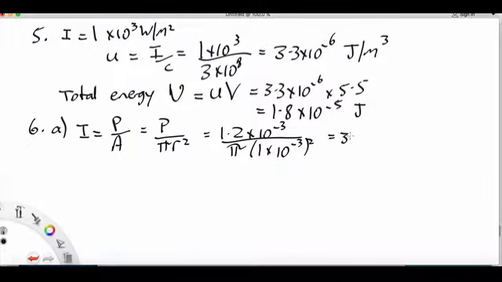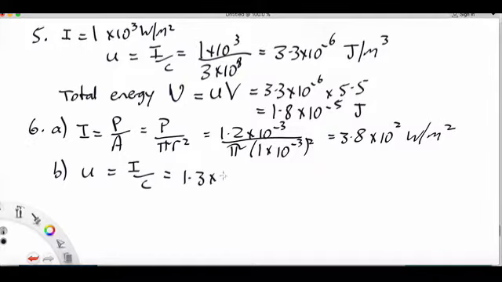And that gives us 3.8 by 10 squared watts per square metre. And then B, the energy density, is just the intensity over c. So 3.8 by 10 squared over 3 by 10 to the 8, we have 1.3 by 10 to the minus 6 joules per cubic metre.